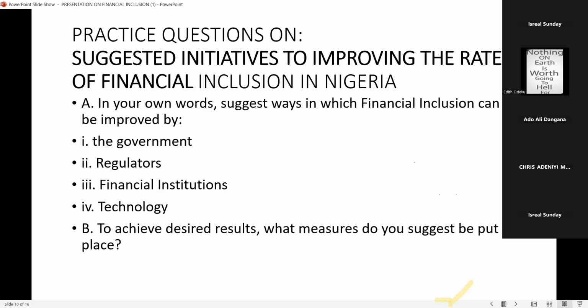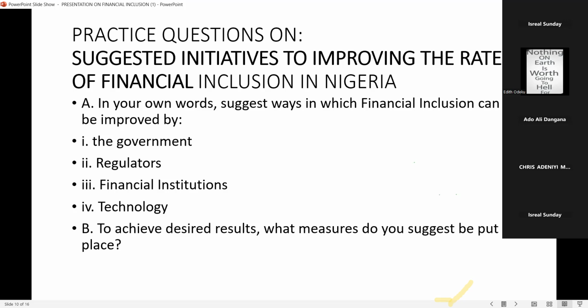So we have gone through so much about the initiatives that, if embarked upon, will help improve the rate of financial inclusion. These practice questions suggest ways in which financial inclusion can be improved: one, by the government and the regulators, including the local government initiative, and the CBN; the financial institutions themselves, that they should have targets; and then technology, the fintech.